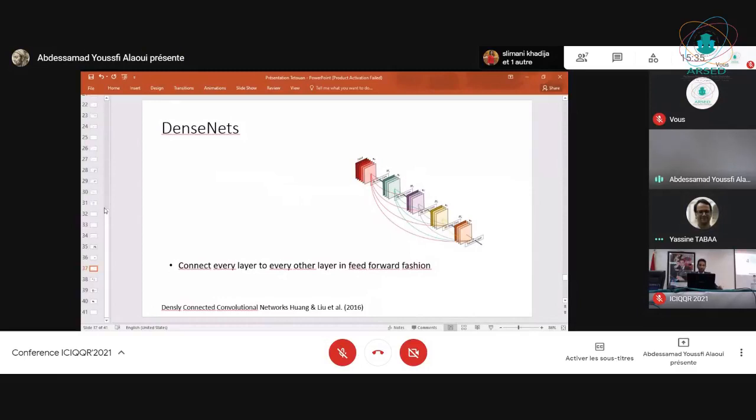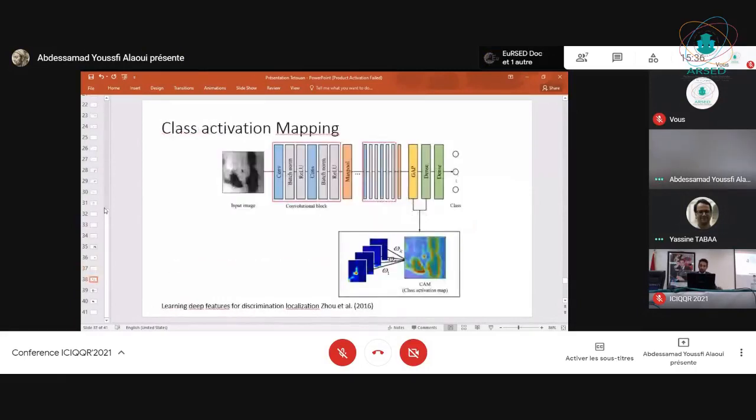We can use, for example, a class activation map with blocks of convolution, batch normalization and ReLU, and after that we apply a global average pooling in order to reduce the dimension or the size of images and concentrate the information in images. And after that, we apply a flatten operation. After that, we will use dense layers in order to classify those images.